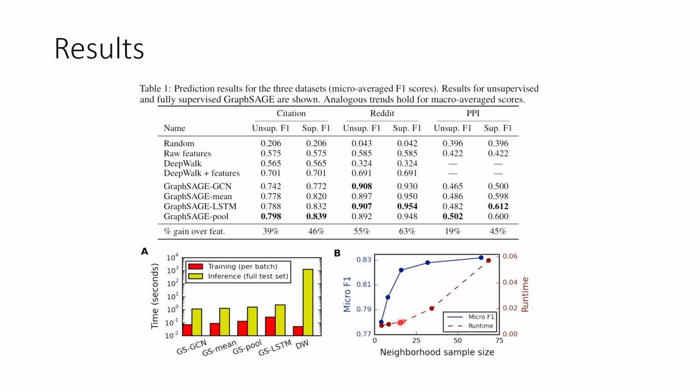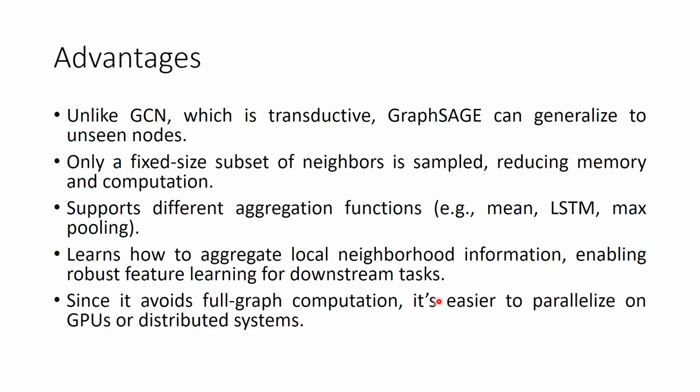Here you can see runtime versus micro F1 score. We will say this is a better runtime result, because it takes much less time and we have gotten a much more accurate score. So that would be ideal.